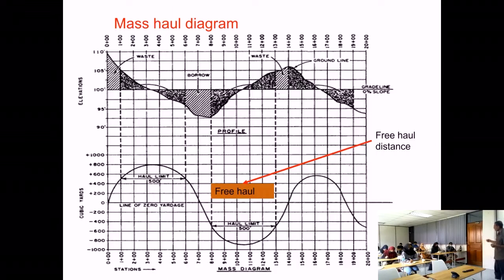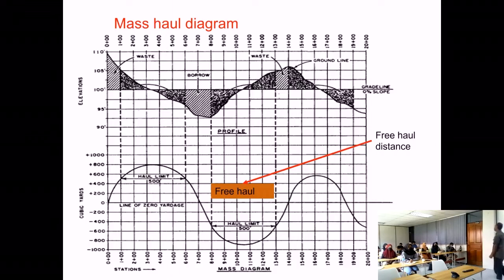For example, at this curve, this is concave. From the middle you go 250 and 250, you get 500. In between, another curve over here, you put 500 also.